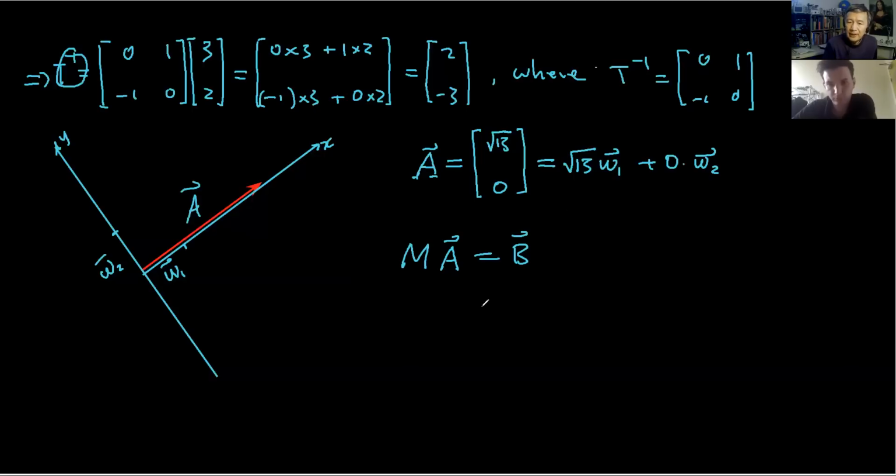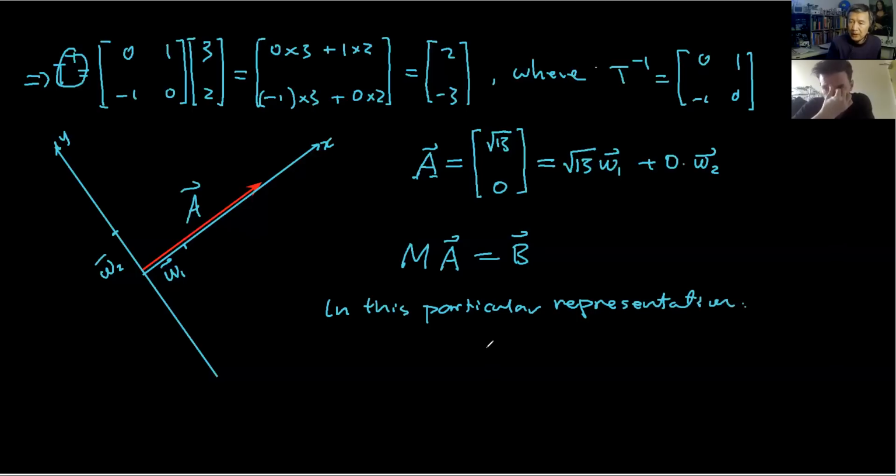In other words, we know that A will equal a square root. In this particular representation, A is just a multiple of one of the unit vectors, W1, not W2, W1.